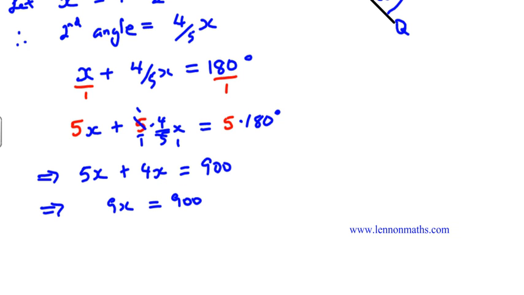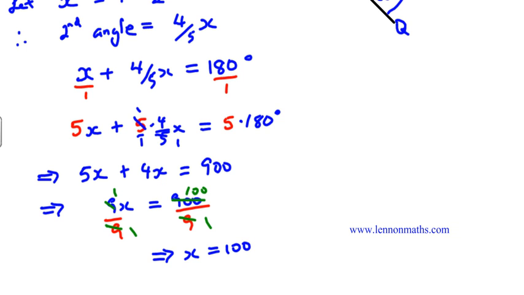And I need to solve for x. 9 times what gives me 900? Obviously 100. But let's solve it. 9 goes once, goes 100 times. And so now I have x. This implies that x is equal to 100.